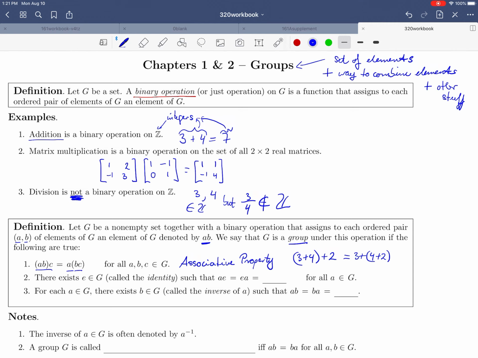The second thing that has to be true about a group is there exists an identity element. We are going to denote it with a small letter E. So there exists an E in our group G such that when you take any element in your group and you multiply it or you combine it with E, either from the left or from the right, it doesn't do anything.